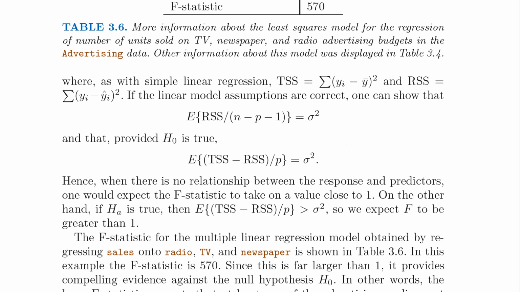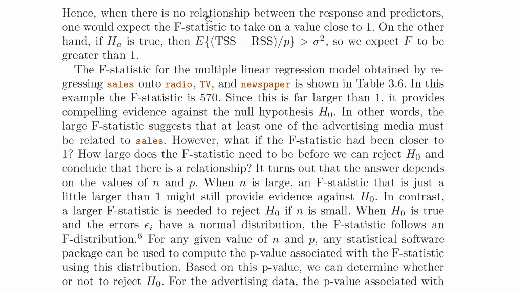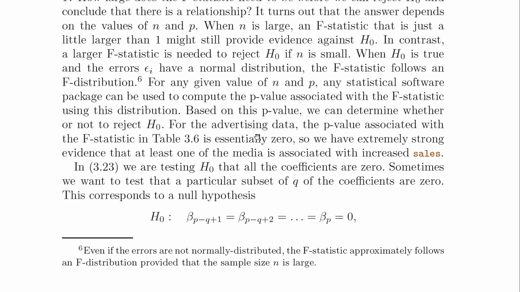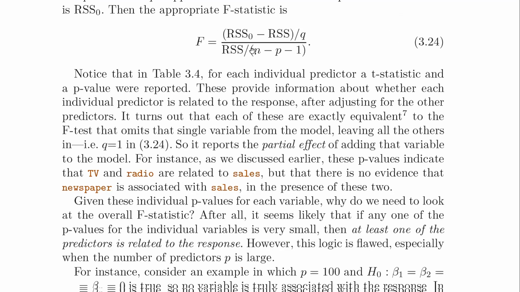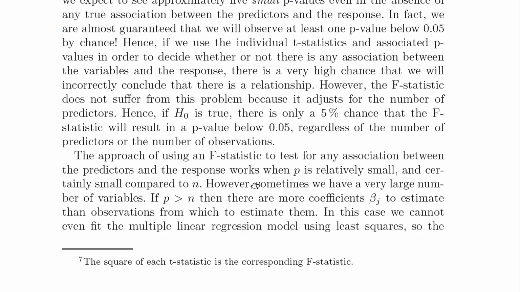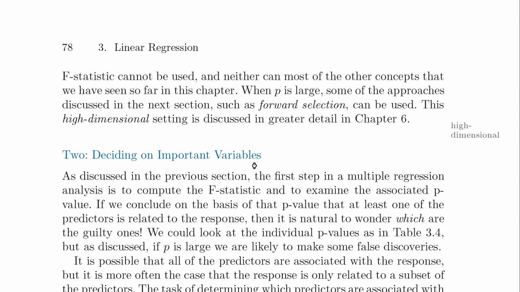Now you're going to use that 570 to calculate the p-value. And we can probably end on this point. It will be interesting to see what the p-value actually is.